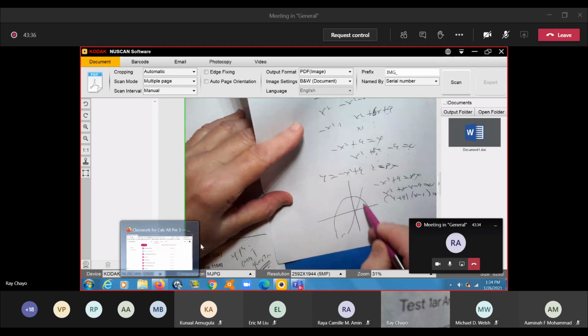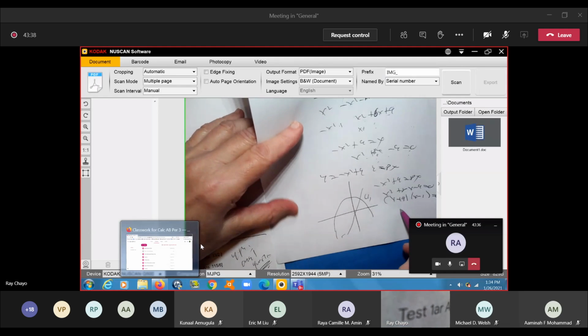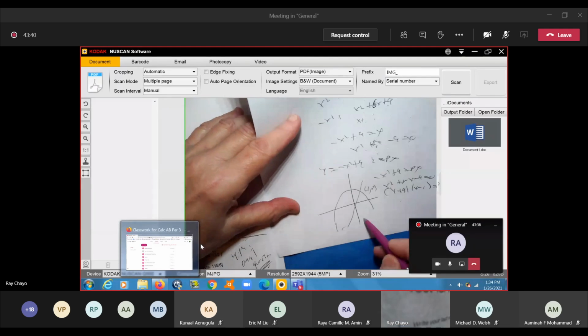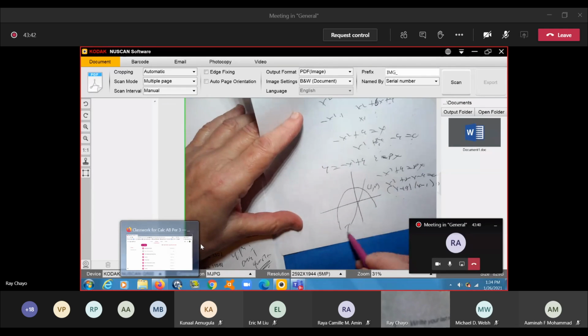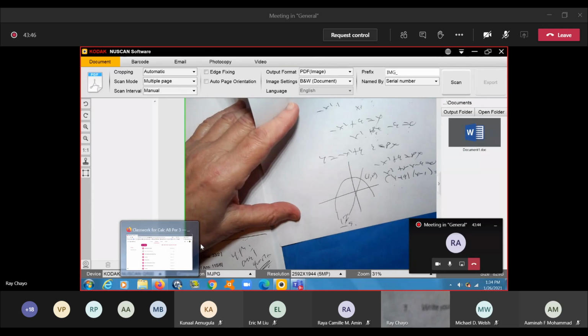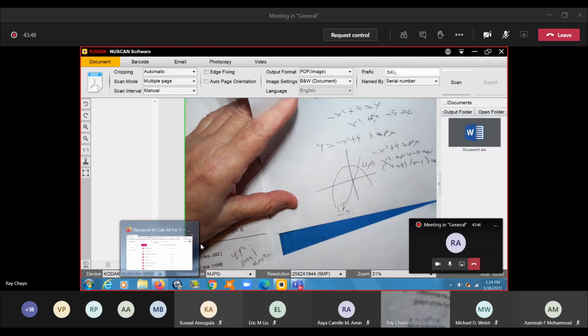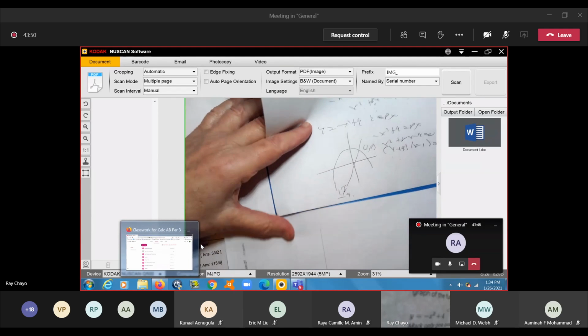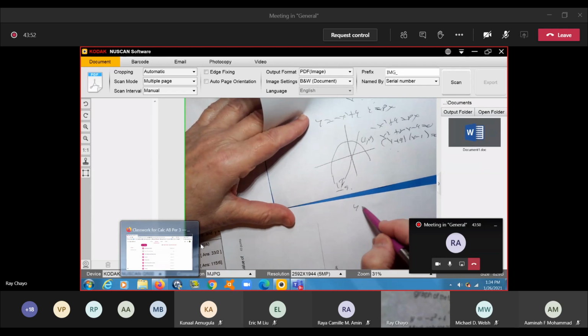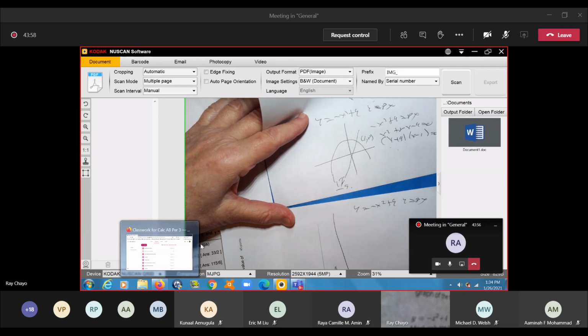So they would meet at 1, and they would meet at negative 9. That's how I make the problem up. Okay. So we'll do it. So you should be able to do this if you have expertise.